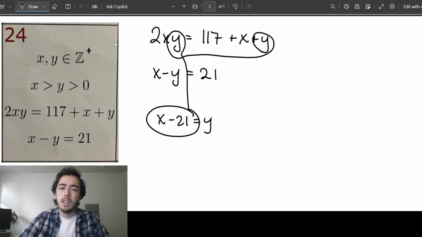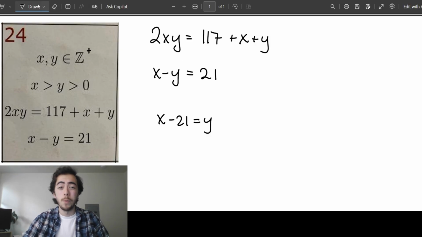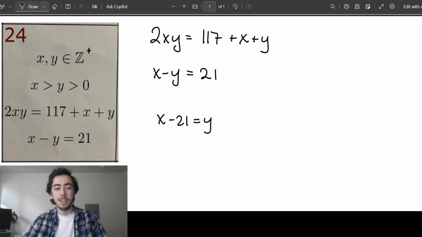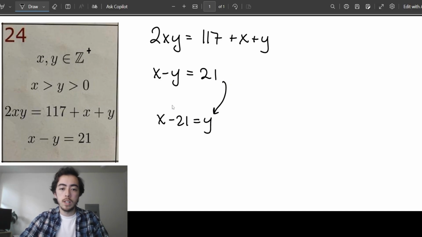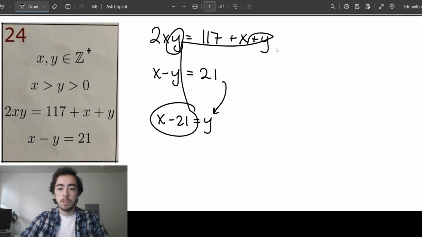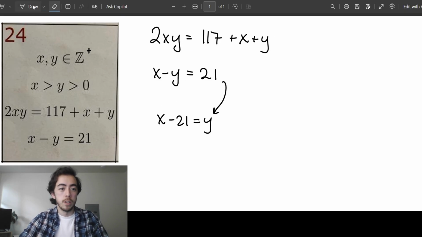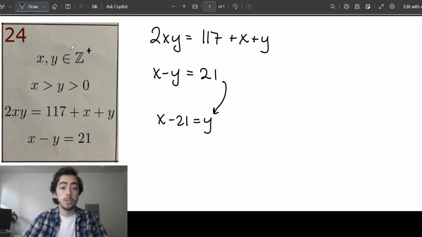And you know what? That honestly might be the easiest thing to do. I have some other ideas of what I want to try, but this seems pretty straightforward. So let's just try this first. So we can use normal substitution strategies. We isolated the y variable, and we're going to stick this expression anywhere we see a y in the other equation because they are supposedly equal to each other.